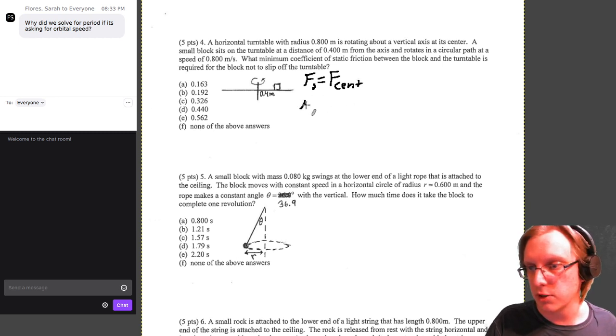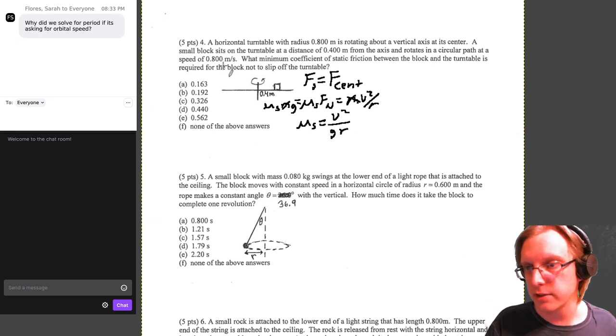So this becomes mu static force normal is equal to our force centripetal, which is mv square on r. And force normal, mu s mg. This m cancels with that m, and we find that mu s is equal to v square divided by gr.